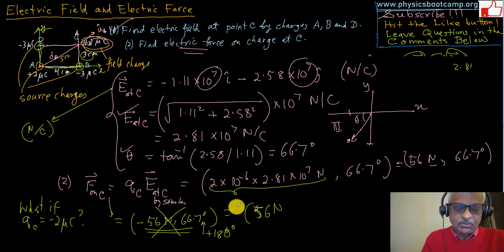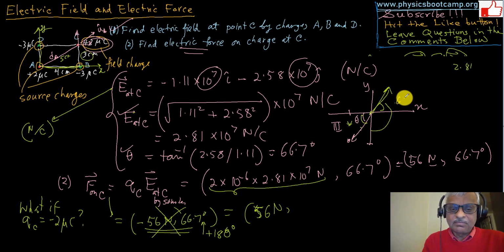And that has to do with the magnitude always being positive. And if I add 180 degrees, it's going to be in that direction. So this is theta, then that's theta, right? So if this is 66.7 degrees, then that's also 66.7 degrees.